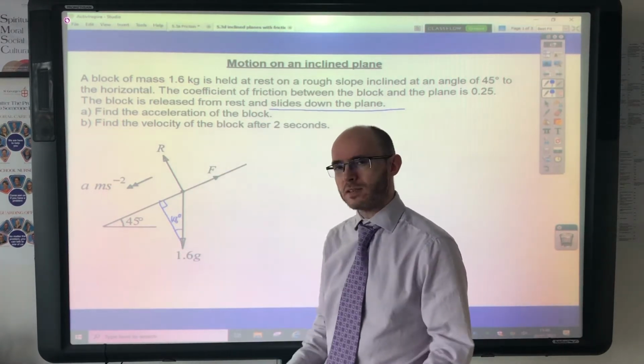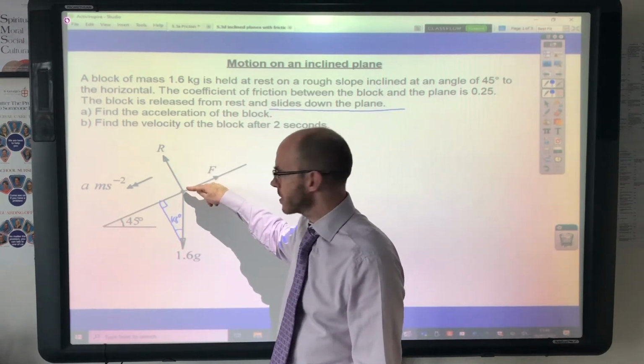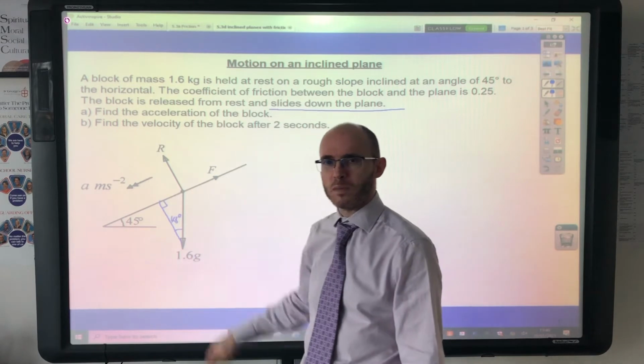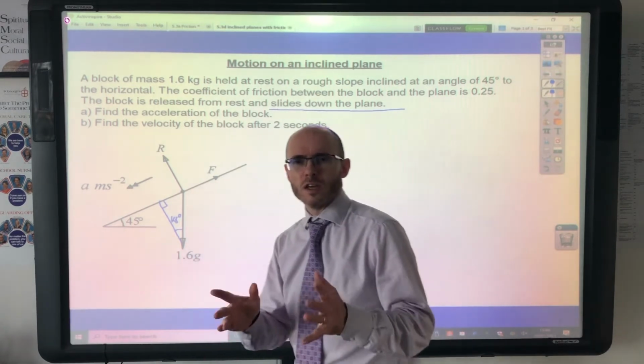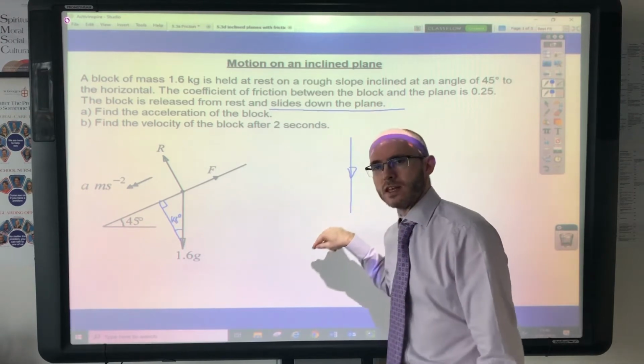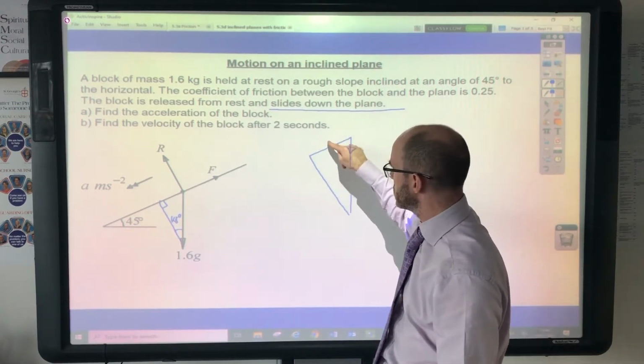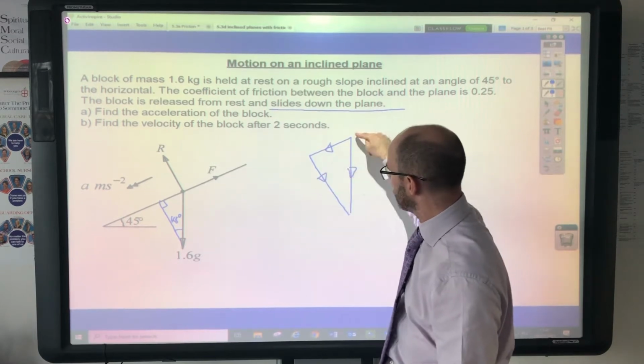And what I've done is I've used this weight component triangle to help work out the component that is parallel to the slope and perpendicular to the slope, because you can treat these like vectors, right? If you've got one vector in that direction there, then you can also split it up into 2 different component vectors there and there.